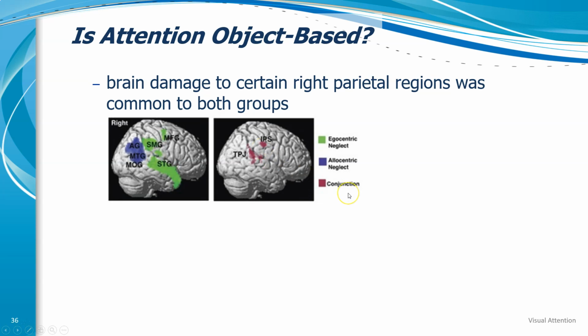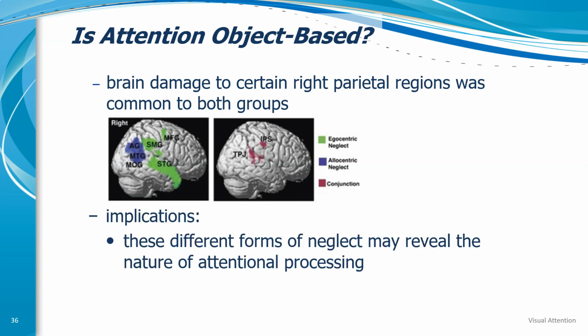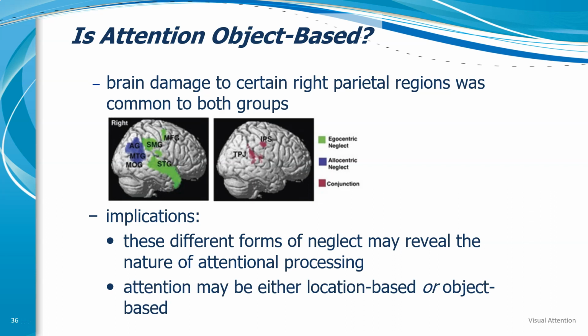So what does this tell us? It's not immediately obvious. Here are the implications. This is actually telling us a lot about the nature of attentional processing. We're trying to understand it as one thing, but maybe it's not. Maybe attention isn't just one singular thing. Maybe attention can be either location-based or object-based.